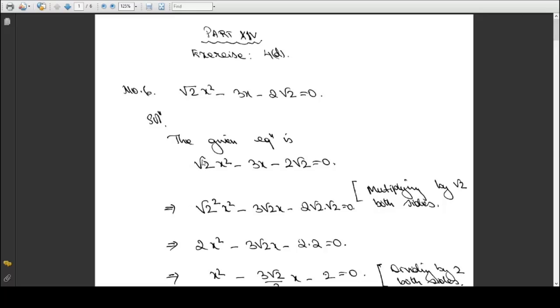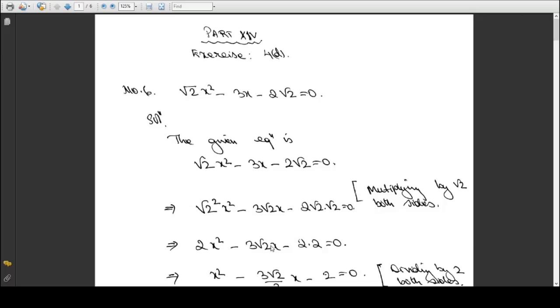You multiply root 2 by root 2, you'll get root 2 squared x squared, then minus 3x multiplied by root 2, you'll have minus 3 root 2x, and then 2 root 2 multiplied by root 2, you'll have 2 times root 2 squared. The next step, root 2 squared is 2, that is 2x squared minus 3 root 2x, and here also root 2 times root 2 squared, and you will have to multiply 2.